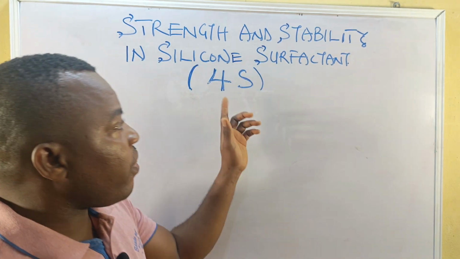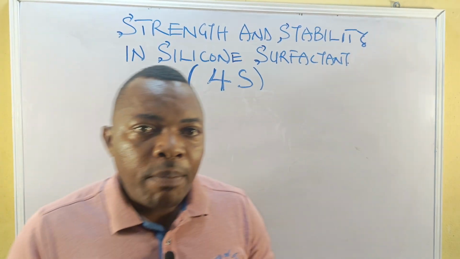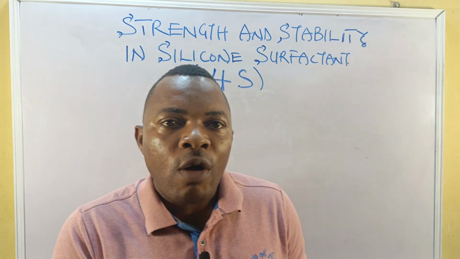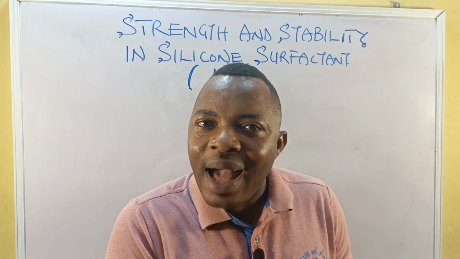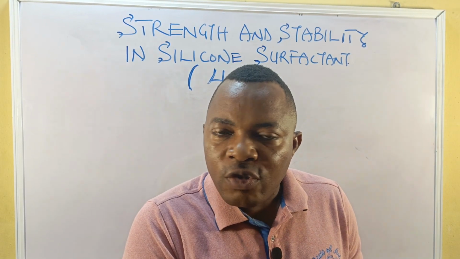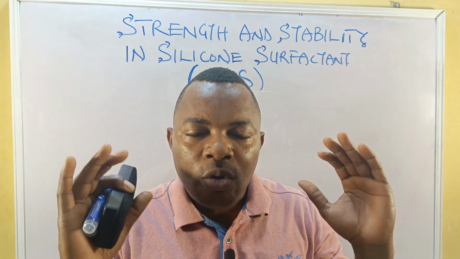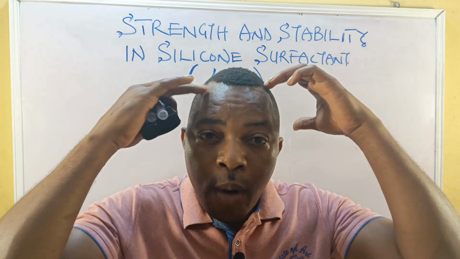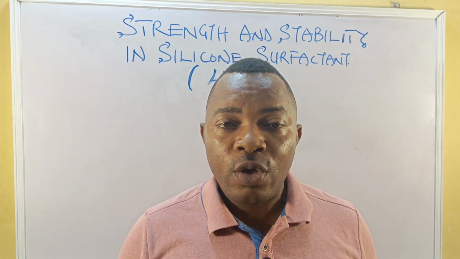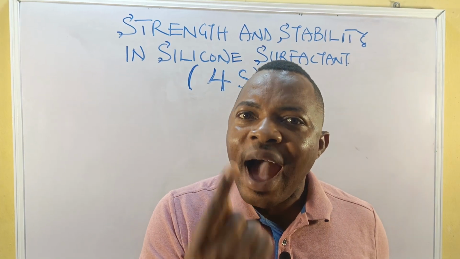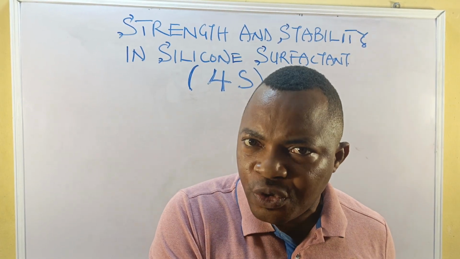Now, look at this. In my previous lesson, I made mention of what it means by stabilization. So when you see the word stabilization in silicone, what will come to your mind is bubble formation. Now, you look at the silicone you are using according to the density you want to produce.